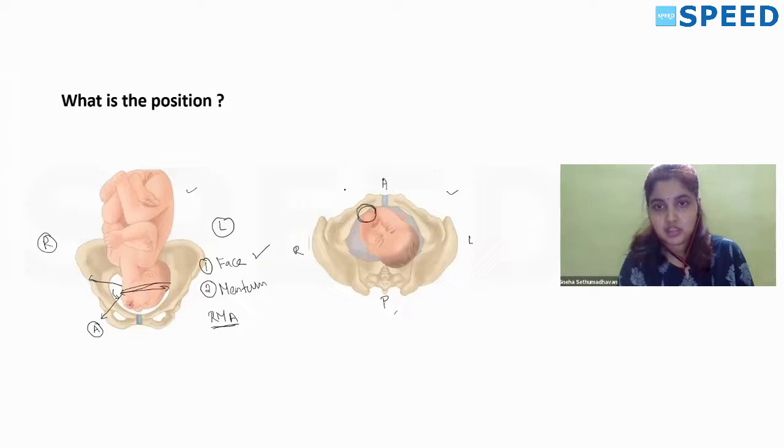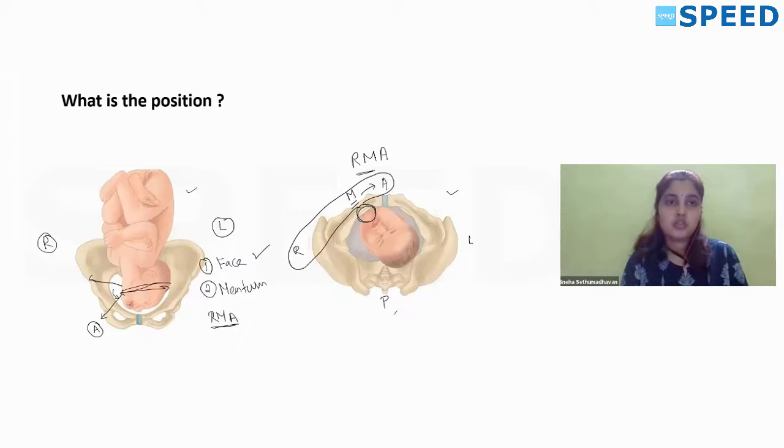Mentum is nothing but the chin. So this is where the mentum is. Mentum is on the right side, more towards the anterior part. So the position is right mento anterior. So I hope it is clear how to come to a conclusion as to what is the position of the baby in relation to the mother's pelvis.